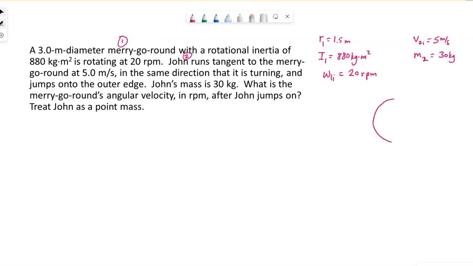All right, so if I was looking down from above and I said this merry-go-round was rotating counterclockwise, John is running tangent, so right next to the disc, and really he would be right here, running just as he jumped on.